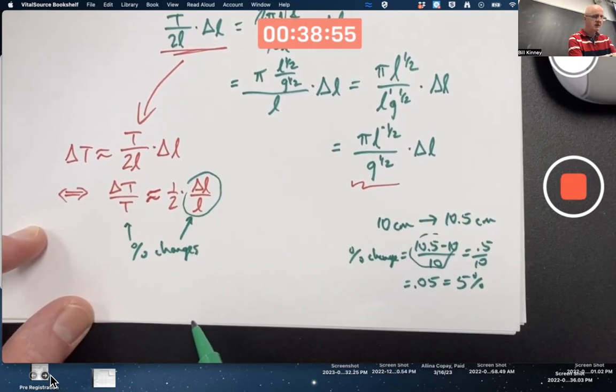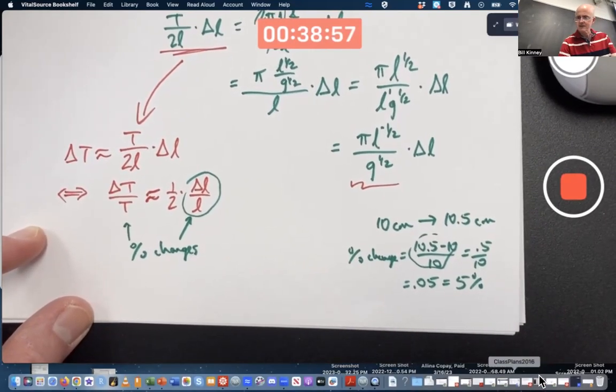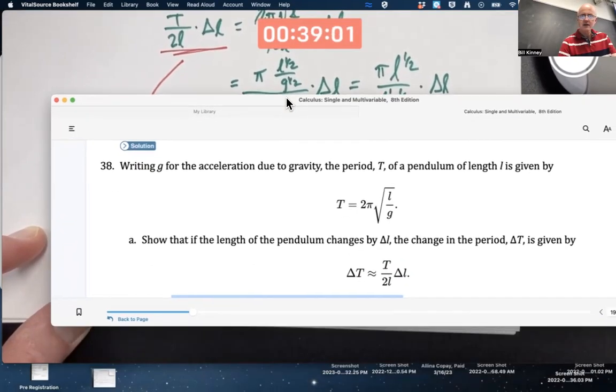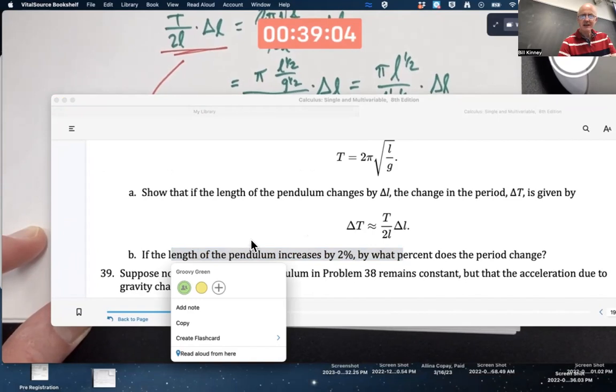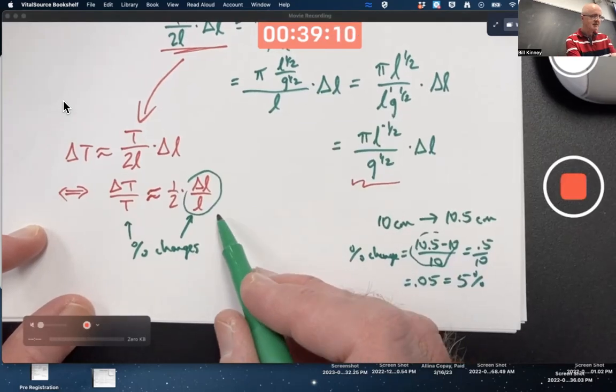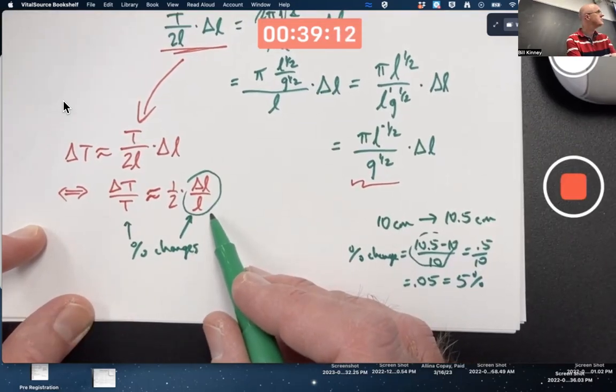So what do we conclude here? Again, the problem says if the pendulum length increases by 2%, by what percent does the period change? In other words, we're saying this fraction is 0.02.